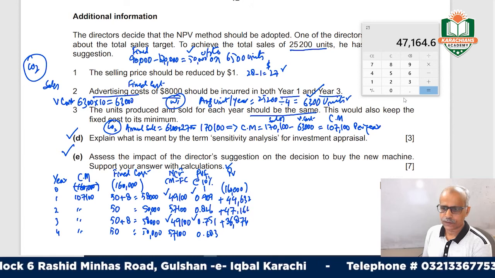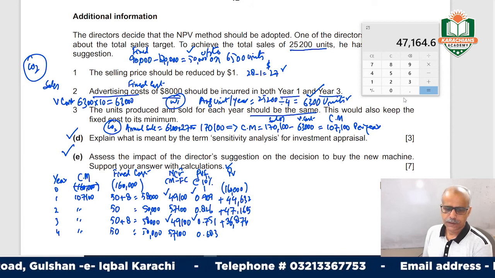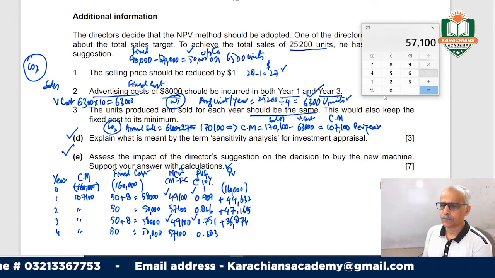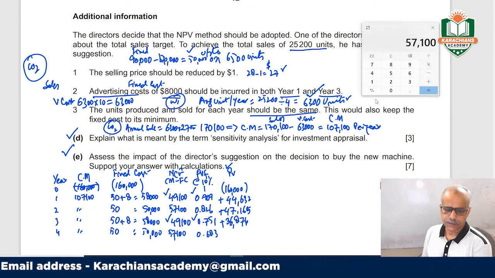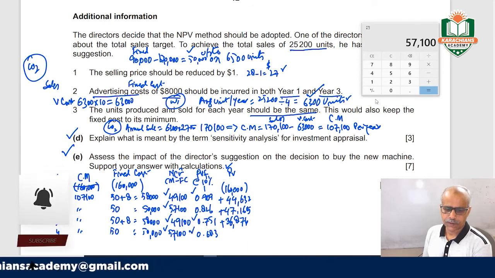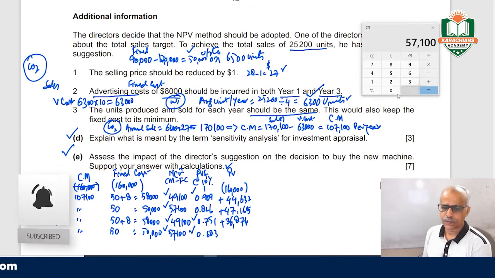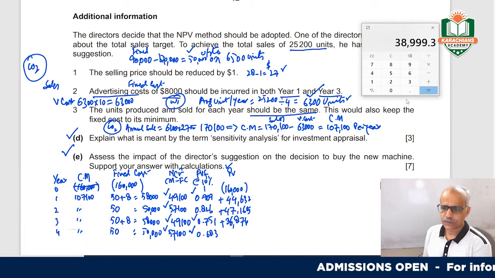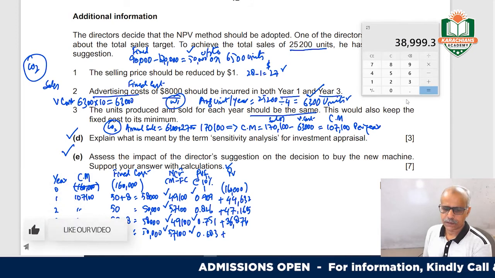Here 57,100 multiplied by its discount factor, the present value factor 0.683. This will be 38,999.